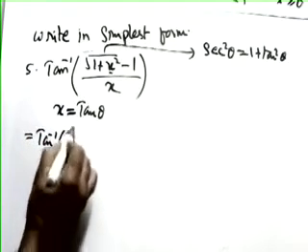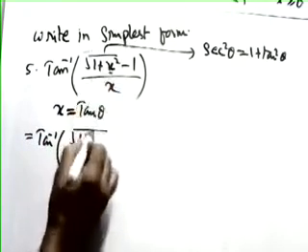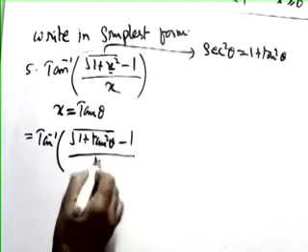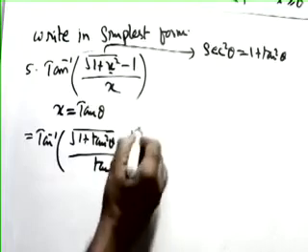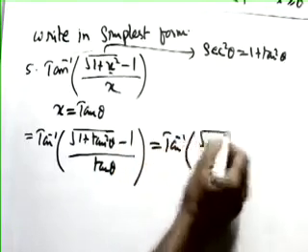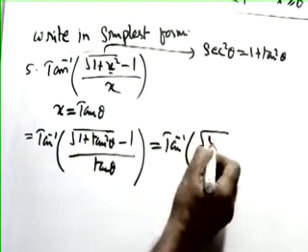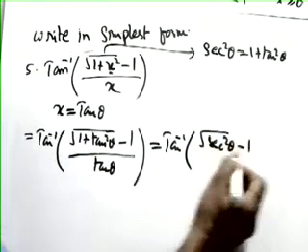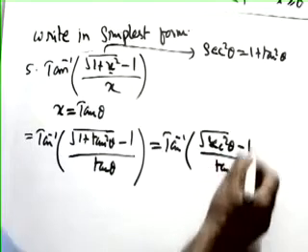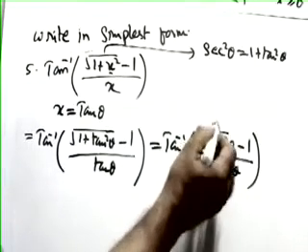So what will happen? This will become tan inverse under root of 1 plus, in place of x you write tan square theta, minus 1 by, in place of x you write tan theta. So tan inverse under root of 1 plus tan square theta is nothing but secant square theta minus 1 by x, which we kept as tan theta.